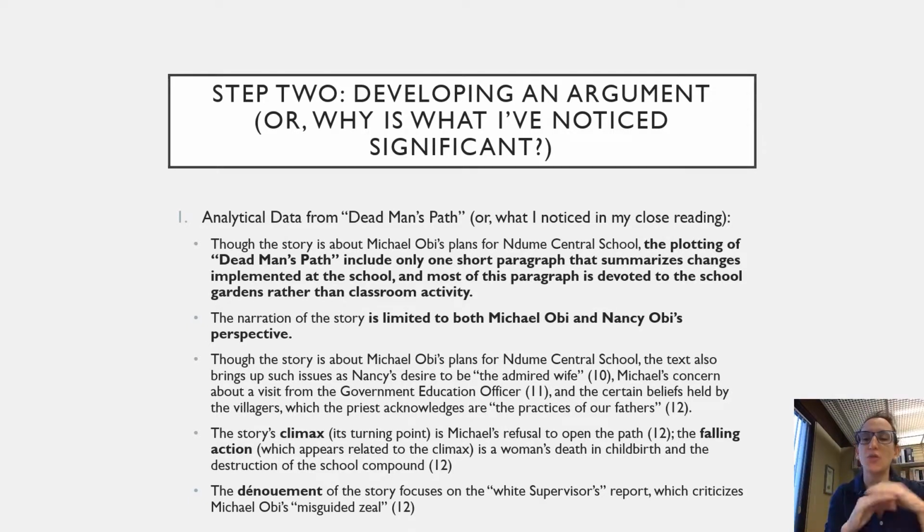Okay, so the next thing I noticed is that in terms of narrative point of view, the perspective in the story is limited mostly to Michael. So we see things through Michael's perspective, but there's also quite a bit of emphasis on Nancy, his wife, and her perspective, especially her goals with the garden and what she wants out of this.